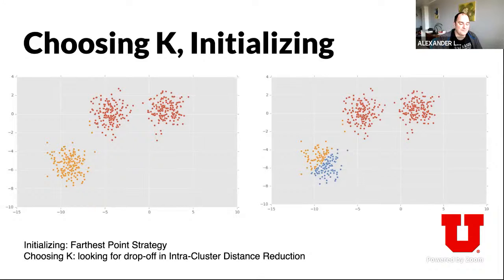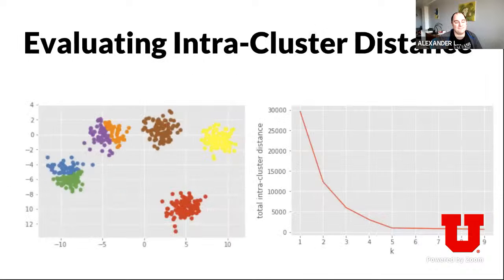Even trickier is sometimes the question of how to pick my k. The way to do this is by looking at the total intra-cluster distance with different configurations. If you start out with a data set like you see here on the left, you have 5 clusters. If you do this with a single k, like a k of 1, then you will have a pretty high intra-cluster distance, right?